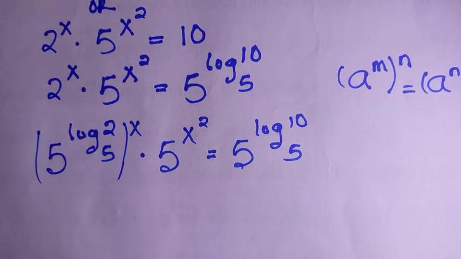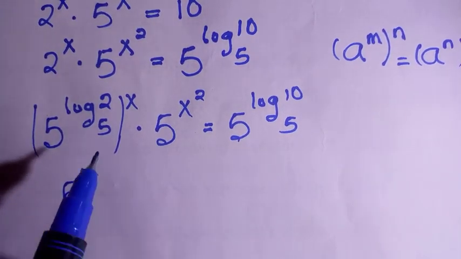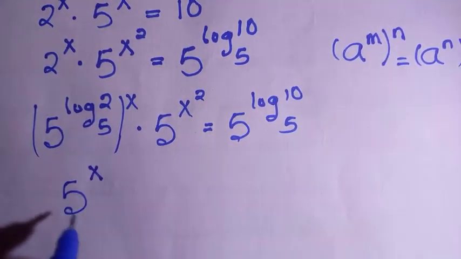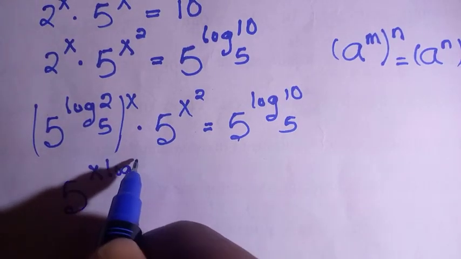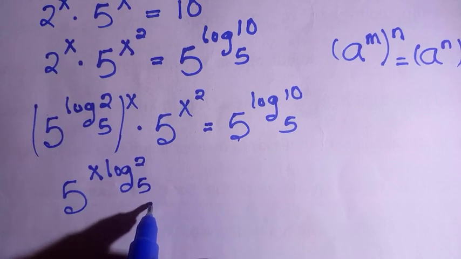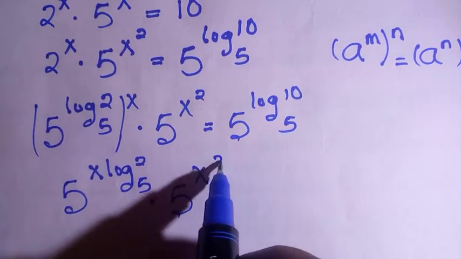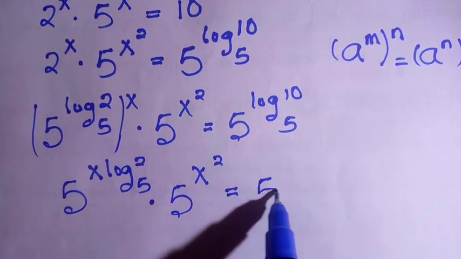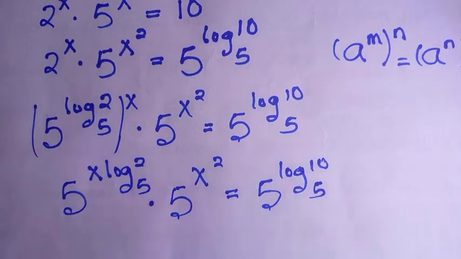Applying it here, it becomes 5 to the power of x log 2 base 5, dot 5 to the power of x raised to the power of 2 equals 5 raised to the power of log 10 base 5.